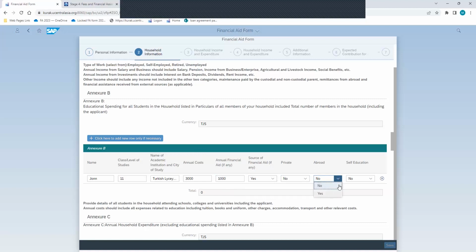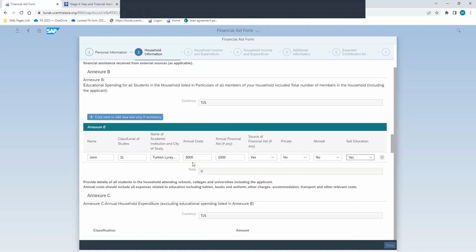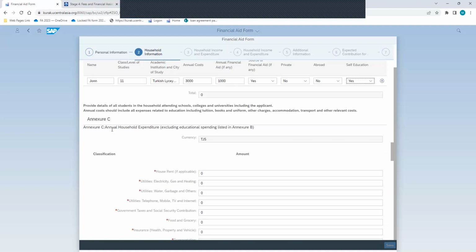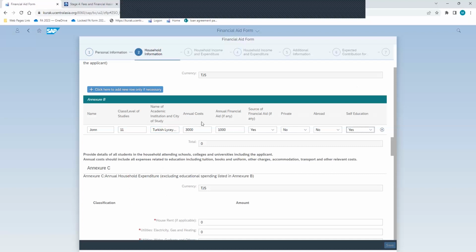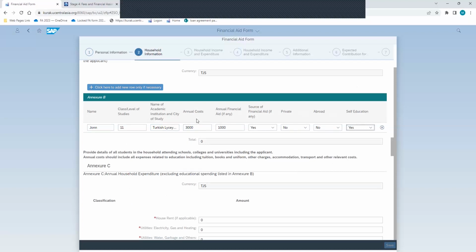It's not abroad, it's here in Tajikistan, and it's self-education. If it is dependent on the applicant, you have to choose yes, self-education. Going down, Annex C, household expenditure excluding educational spending, means we will not enter the educational expenditure here, okay?